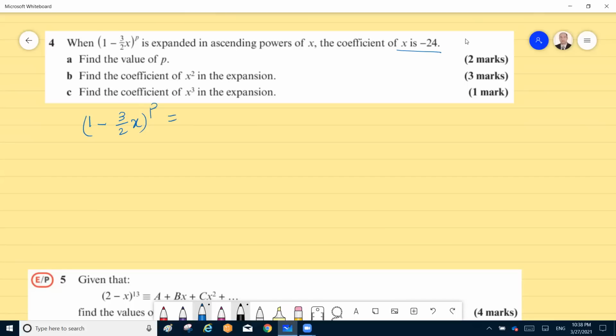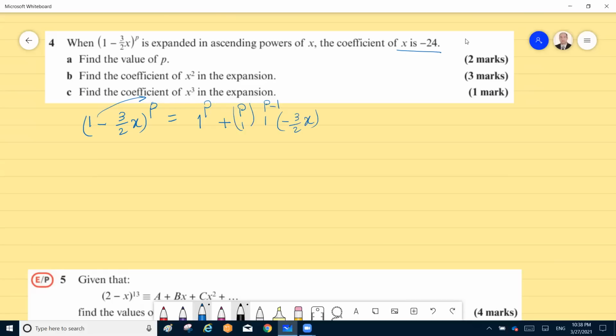Of course, this is a very easy question, a direct application of binomial expansion. The first term in the binomial expansion is 1 power p, which is 1, plus pC1 times 1 power p minus 1, and negative 3 over 2 x appears for the first time. This is the term of x.